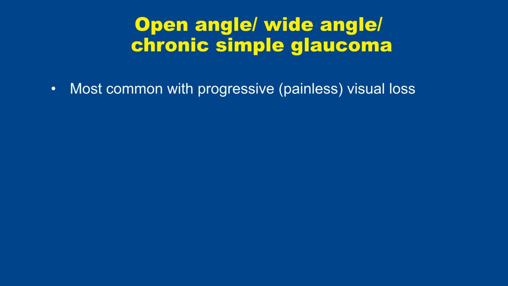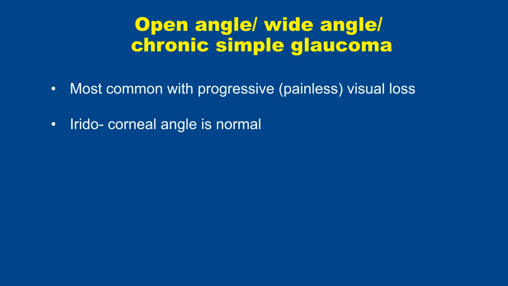Though there is an opening of the canal of Schlemm, due to the decreased patency of the trabecular meshwork, there is an increase in intraocular pressure. This open angle glaucoma is also called wide angle glaucoma, as the angle is wide. That angle we're talking about is the iridocorneal angle or iridocorneal junction.